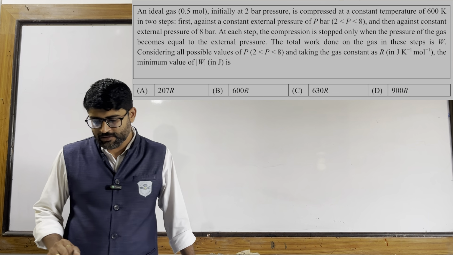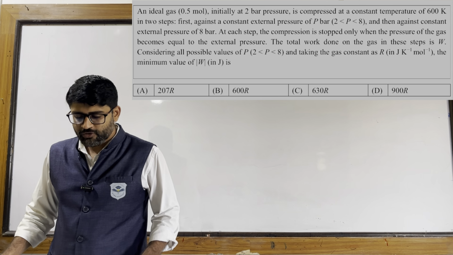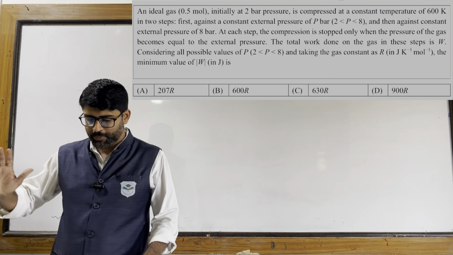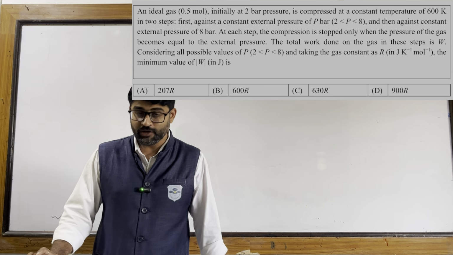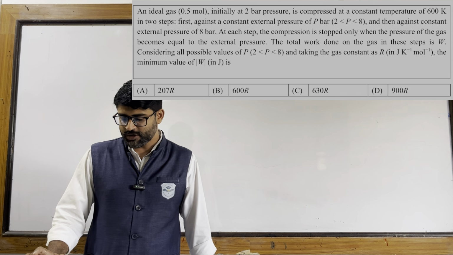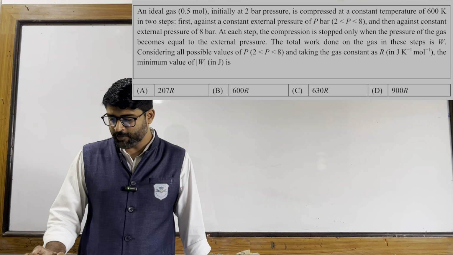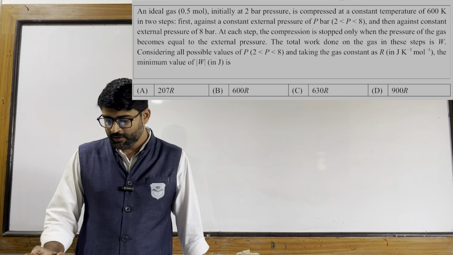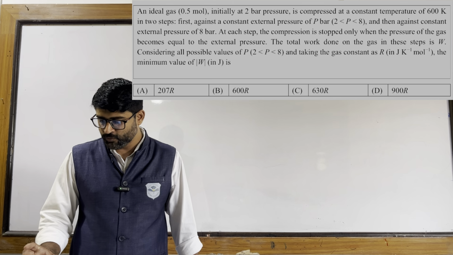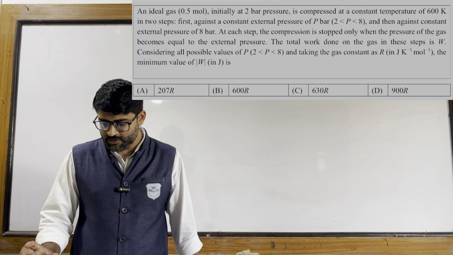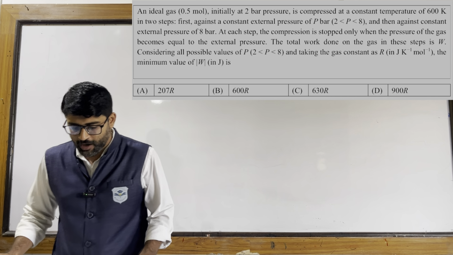An ideal gas, 0.5 mole, initially at 2 bar pressure is compressed at a constant temperature of 600 Kelvin in two steps. First against a constant external pressure P bar, where P is less than 8 but greater than 2, and then against a constant external pressure of 8 bar.